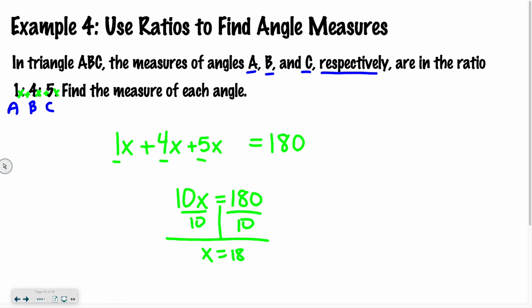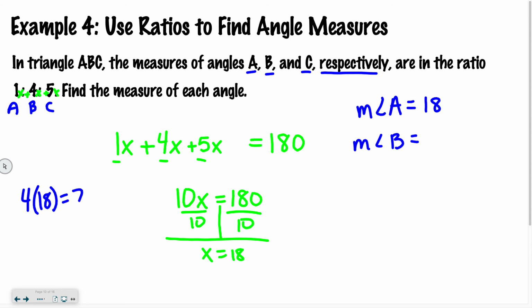Okay, so now I know what x equals, but I want to find the measure of each angle. The measure of angle A equals 1x, so that's just 18. The measure of angle B equals 4 times 18, which is 72.